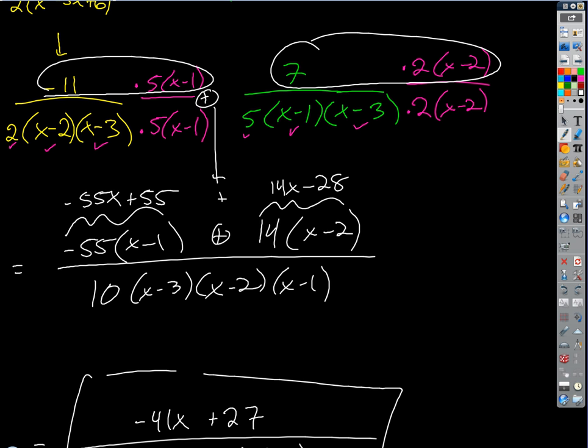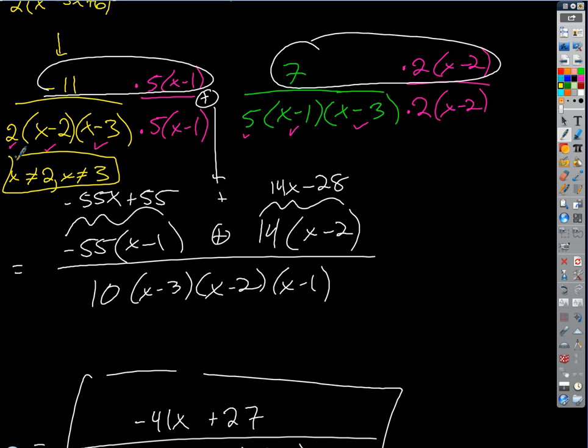Before we even did anything, right? Before we did any of the math associated with adding this up, getting a common denominator, we could have just looked at the zeros of the yellow fraction, and what are they? 2 and 3. Everybody agree? Okay, so this tells us that x cannot equal 2 and x cannot equal 3, right?